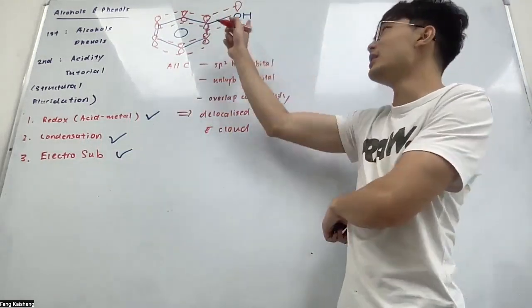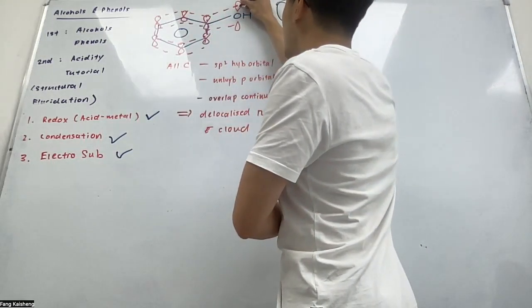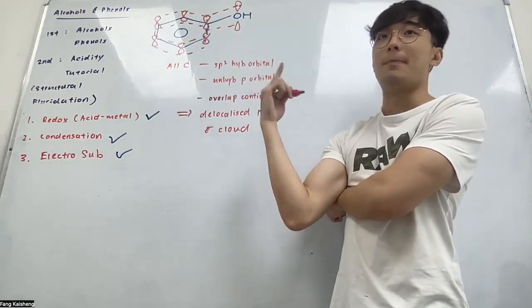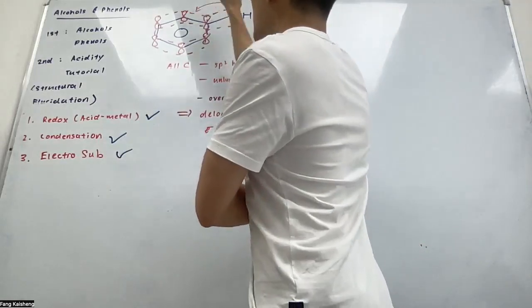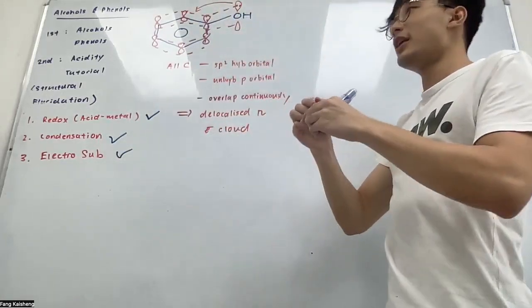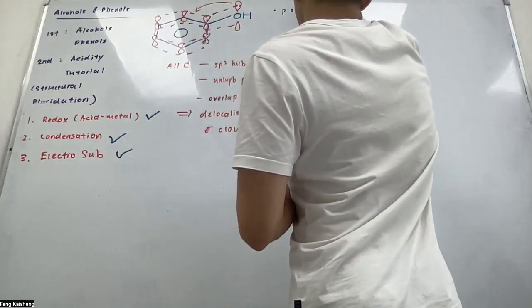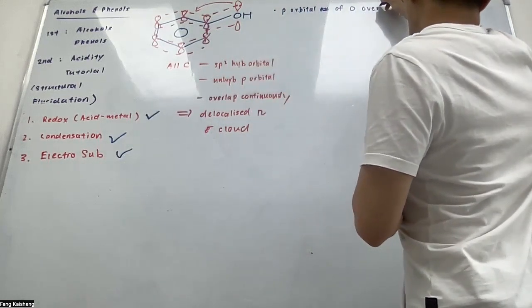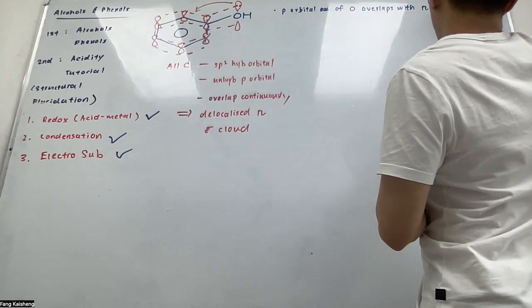Now that it has joined in the benzene overlap, what can the lone pair on oxygen do? All overlapping. So now the lone pair can delocalize into the benzene. Let's write that first. So your explanation for this part: p orbital must overlap first, then it can delocalize. The p orbital of oxygen overlaps with the high electron cloud of benzene.